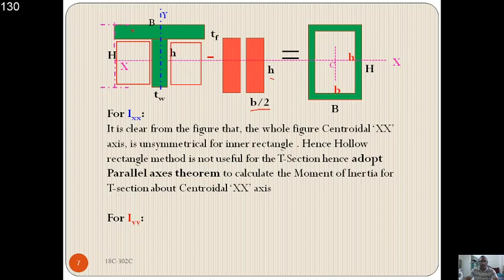If I fill these in, it will look like a complete rectangle. So in this complete rectangle, if I deduct these two rectangles, then it becomes a hollow rectangle like this, or it comes as a T section.